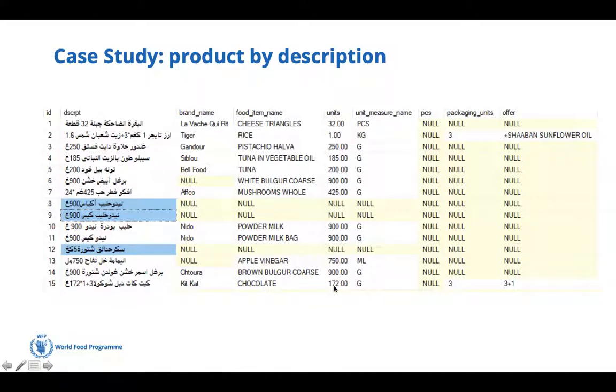However, the algorithm failed to recognize Nido powder milk in rows 8 and 9, because there's a space missing between Nido and milk. Or for example, in row 2, we see that the recognition was quite accurate, but we are missing the quantities for the oil, basically for the offer. And the units are actually missing from the original description.